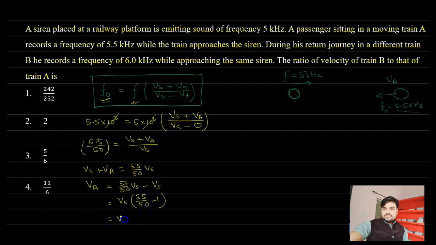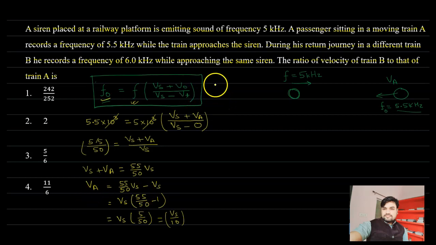So this will become Vs times 5 by 50, and this will become Vs by 10. So this is the velocity of observer A.